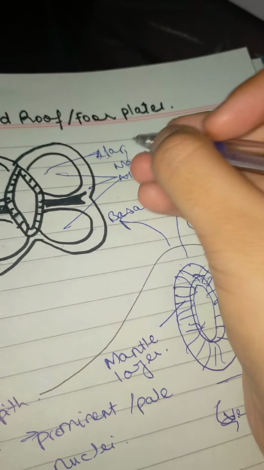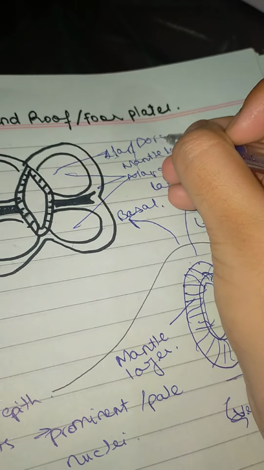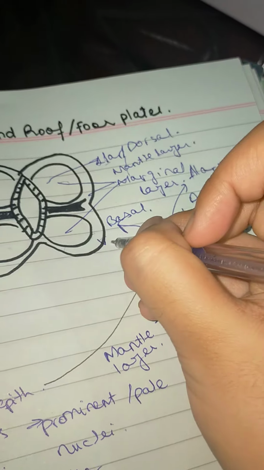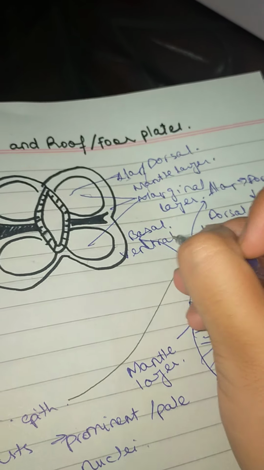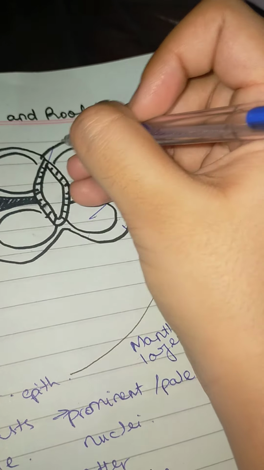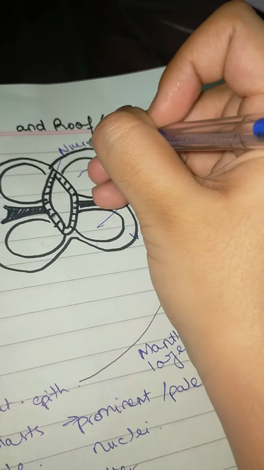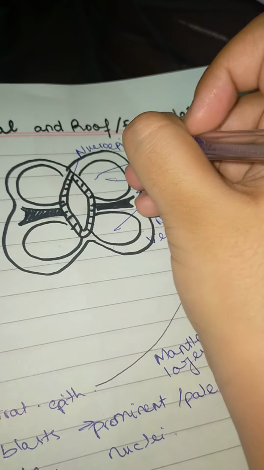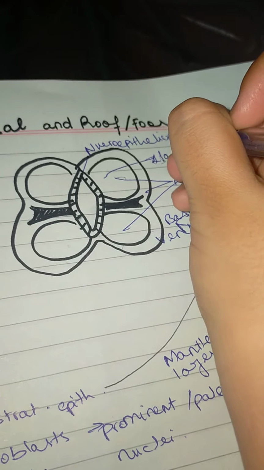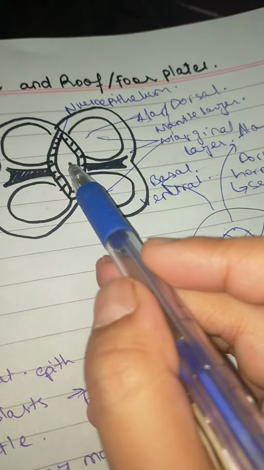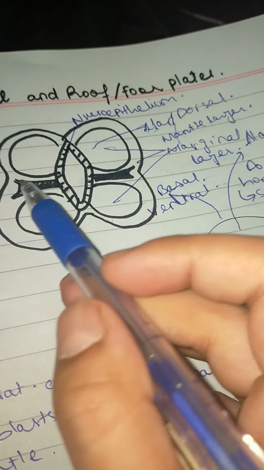Okay, that's right. Alar dorsal and basal ventral. So this is the neuroepithelium, which is only a thin layer present in the center. Okay, and basically a groove is formed between the.